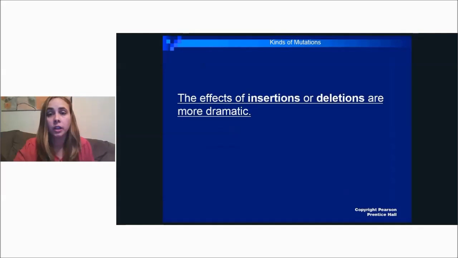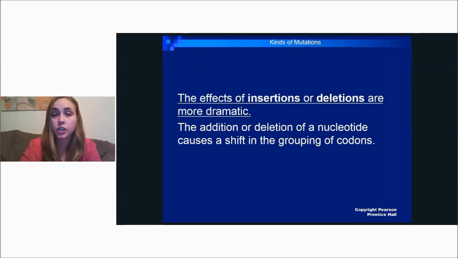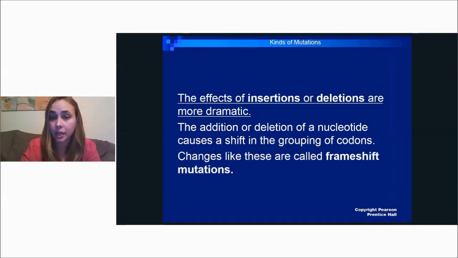The effect of insertions or deletions are much more dramatic when they produce what is known as a frame shift mutation. They impact every single codon, so they will change every amino acid from the point of the insertion or deletion until the end of the molecule.